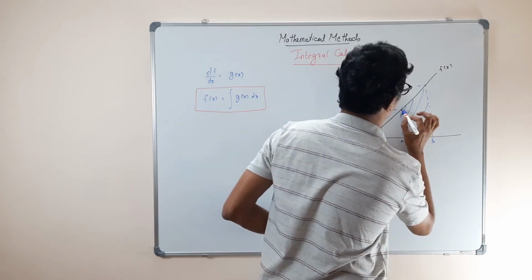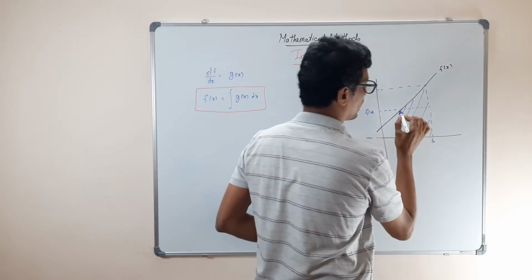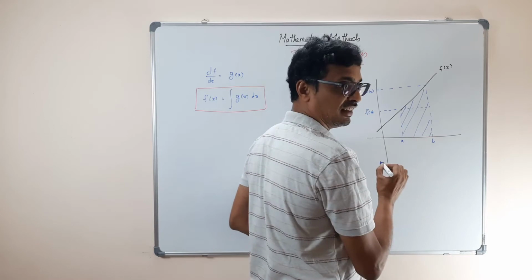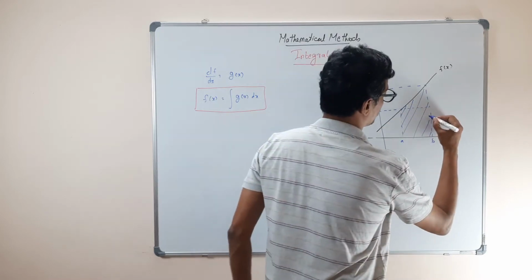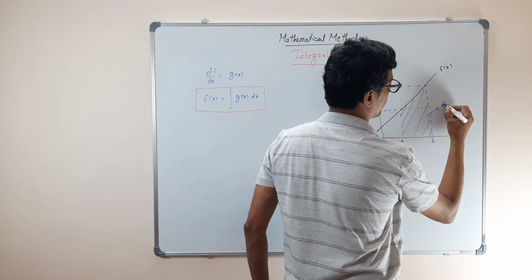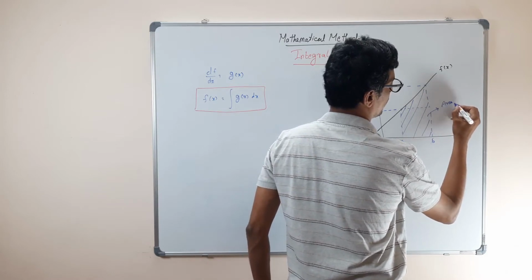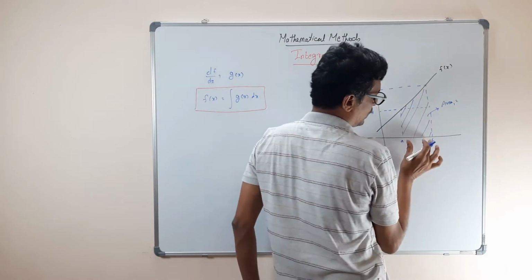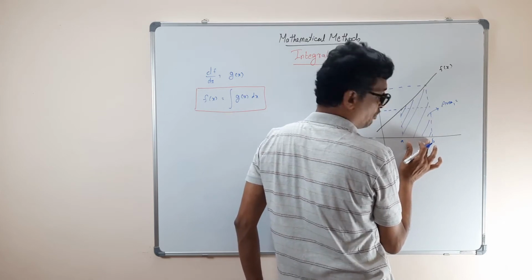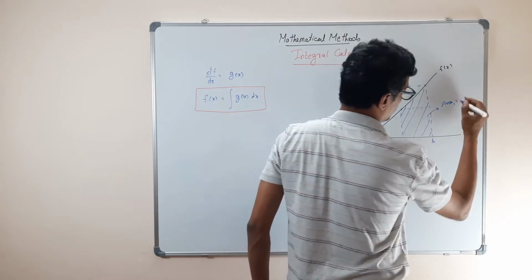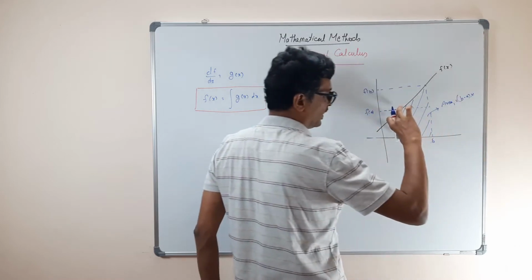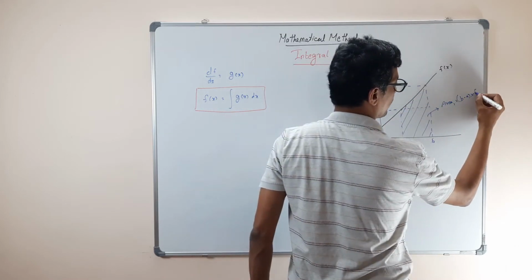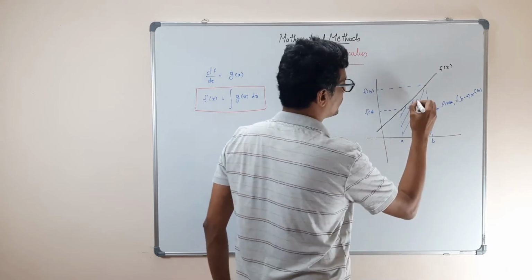So what you can do, we can divide it into 2 parts. This is the area of the rectangle plus the area of this triangle. Okay. So what is the area of this rectangle? Tell me. Area 1 I will call. So it's B minus A, the breadth, into the height, which is f of A. So what is the area of this triangle?